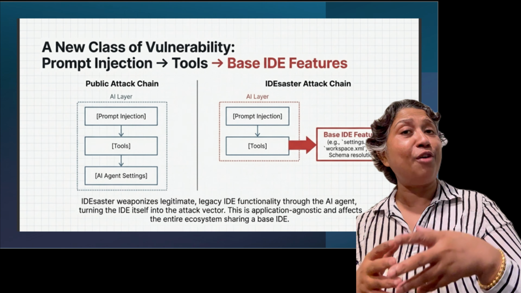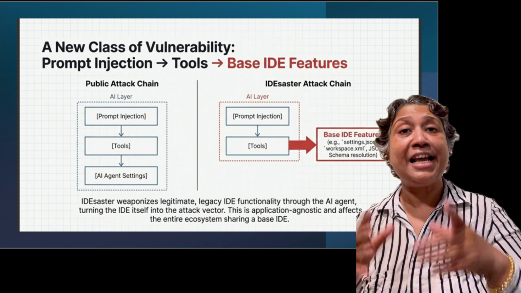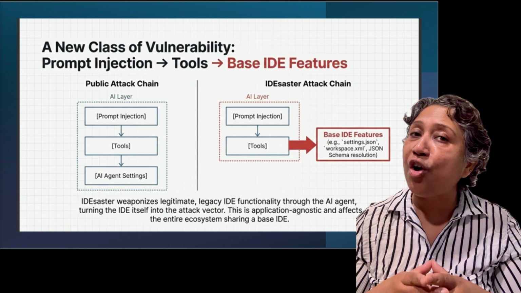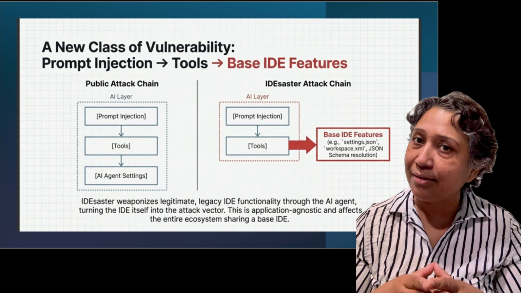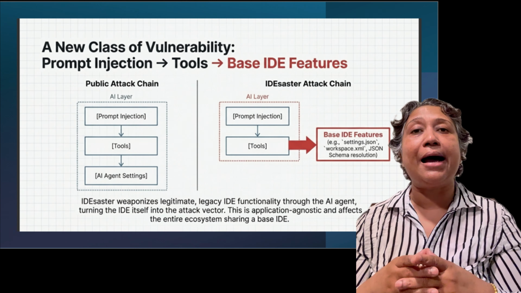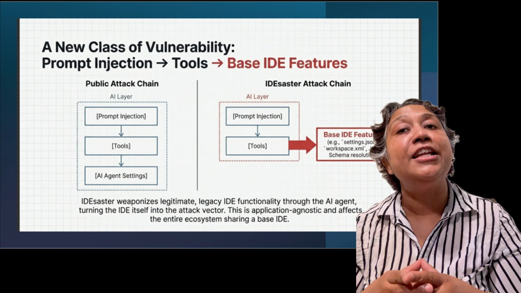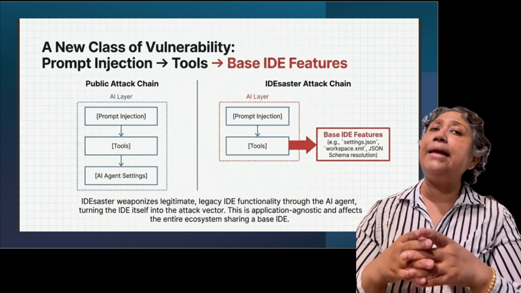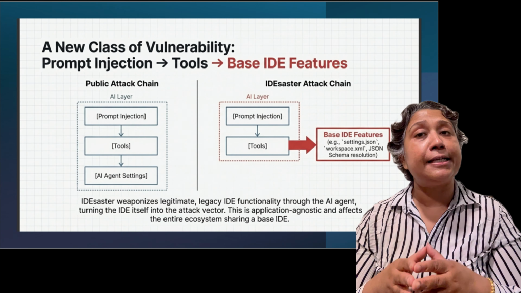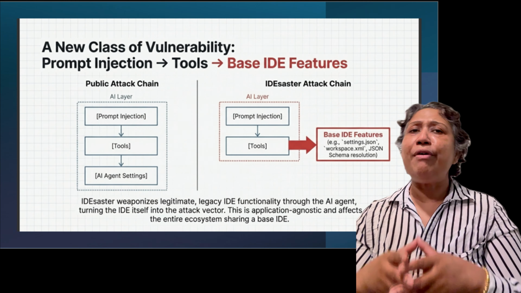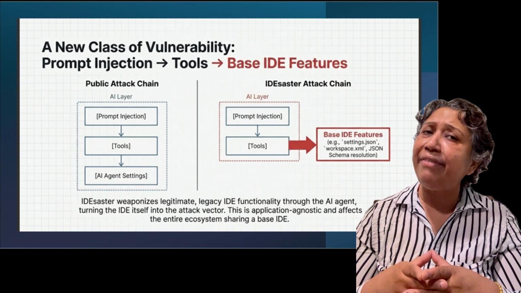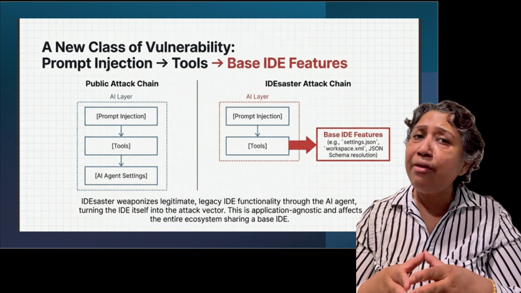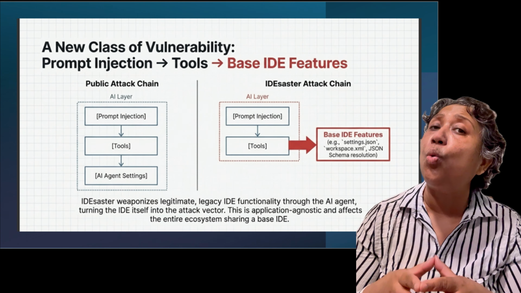For the audience of AI developers and tool vendors, the immediate implication is: don't just test your AI plugin in isolation. Examine what base IDE features it could indirectly trigger. Threat modeling needs to expand. For policymakers and legal experts, it's a case study in systemic risk. When vulnerabilities are so pervasive across many products and vendors, it might not be enough to leave it to each company to handle quietly.